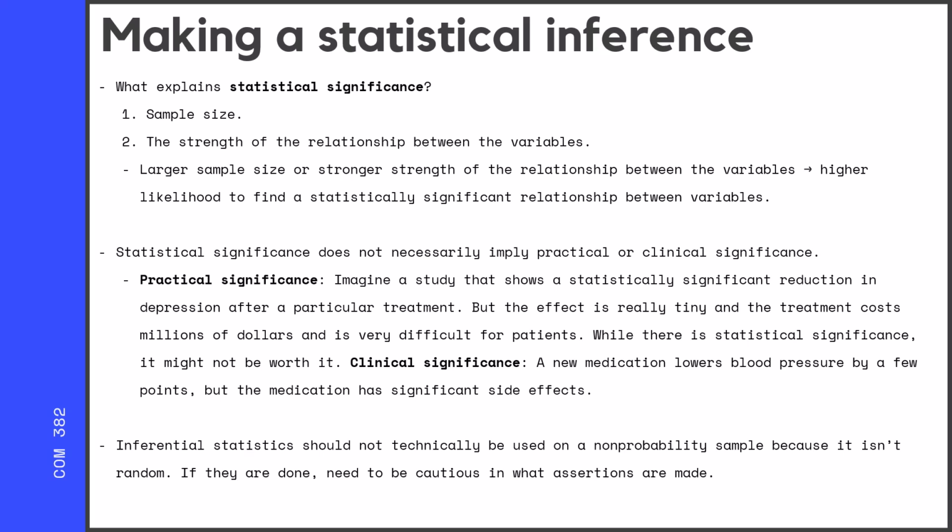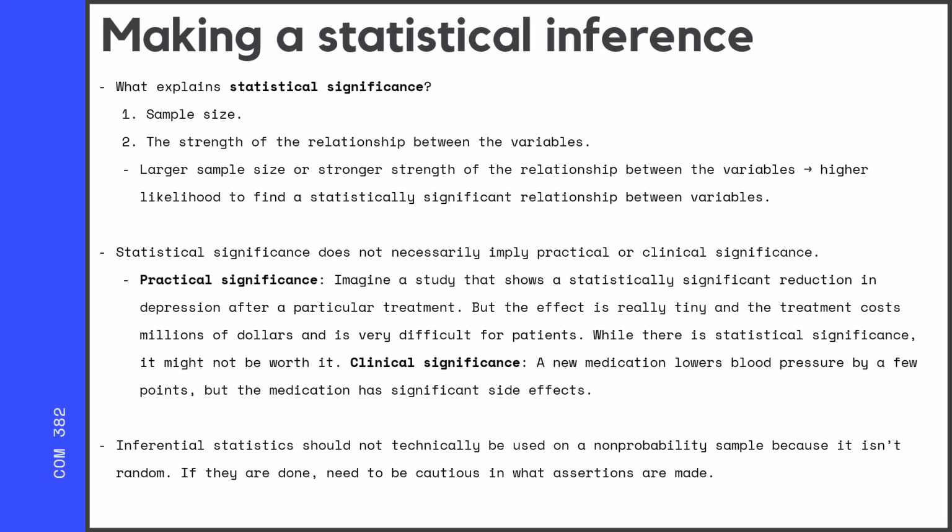I also want to mention that inferential statistics technically should not be used in a non-probability sample because inferential statistics really require you to have a random sample that goes along with a normal distribution. Non-probability samples are less likely to be random, obviously, and they're less likely to have a normal distribution.